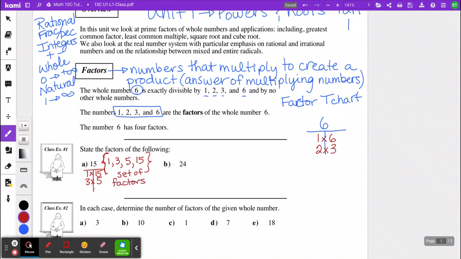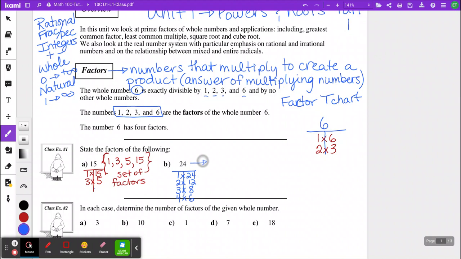Okay, and that's different from a list. So a list, I'll put the factor list on number 24 here. So the first thing we're going to do, though, is do a factor T-chart of 24. 1 times 24, 2 times 12, 3 times 8, and 4 times 6.